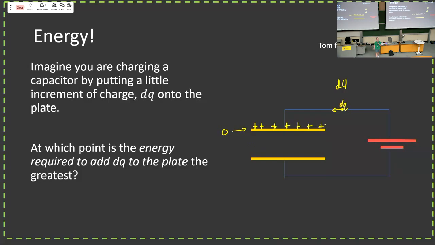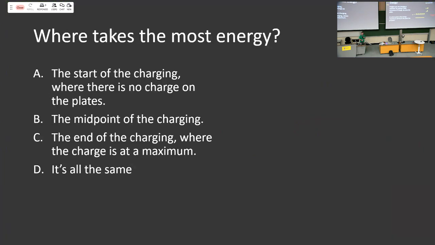And I want you to think, does the amount of energy, du, required to move this amount of charge, dq, onto those plates, does that change over the process of charging this capacitor? And if it does, where during the charging process does it take the most energy to put just a little bit more charge on those capacitors?